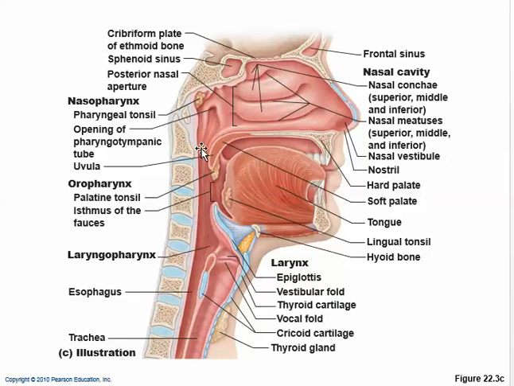Inferior to that is the oropharynx. The oropharynx is a passageway for both food being swallowed and air being breathed. Because it has to deal with the friction of food, it can't have the same epithelium as the nasal mucosa, the respiratory mucosa.